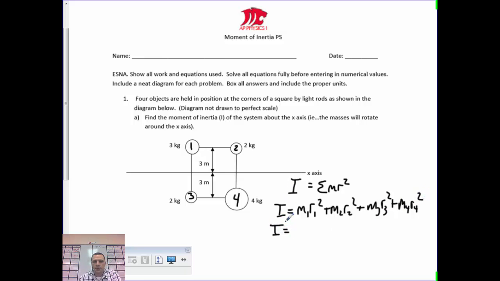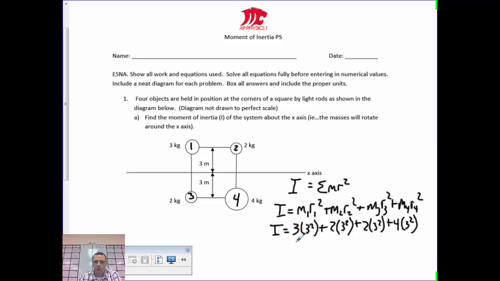I'm going to find out each of those values. Mass 1 is 3, and radius 1 is 3 meters from the rotation axis. Don't worry about the diagonal, just the perpendicular distance from the rotation axis. So that would be 3 squared, plus mass 2 is 2 kilograms times 3 squared, plus mass 3 is 2 kilograms times 3 squared, plus mass 4 is 4 kilograms times 3 squared.